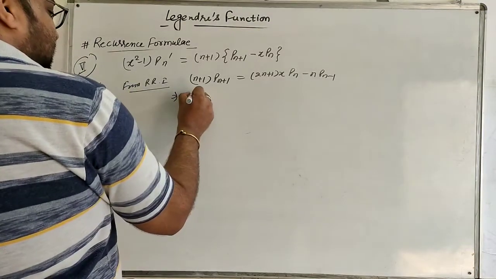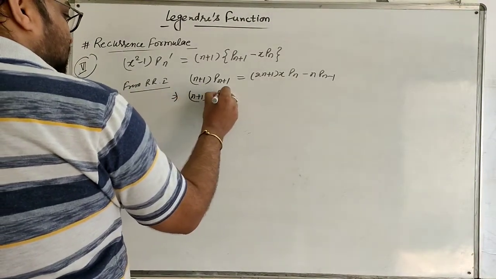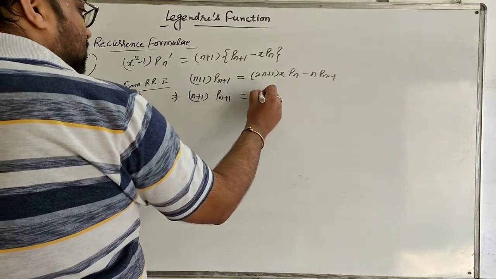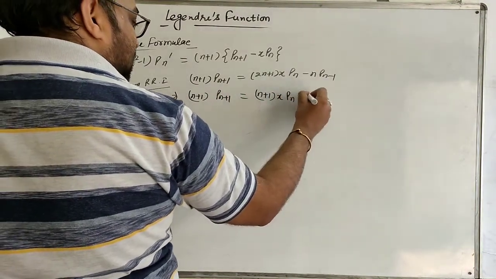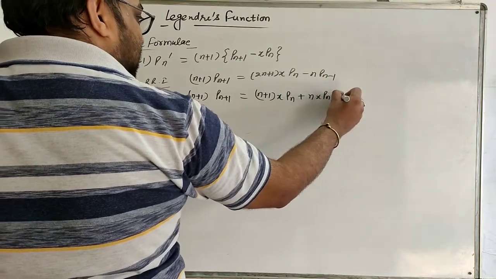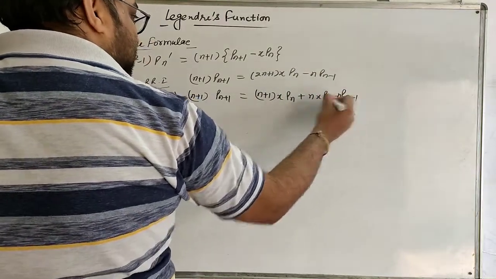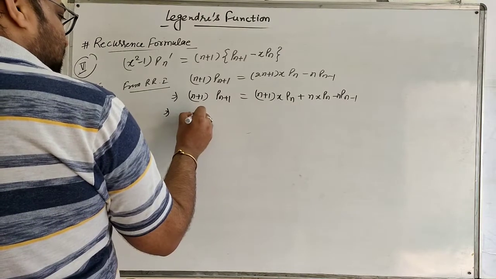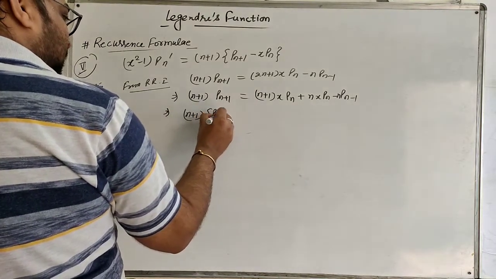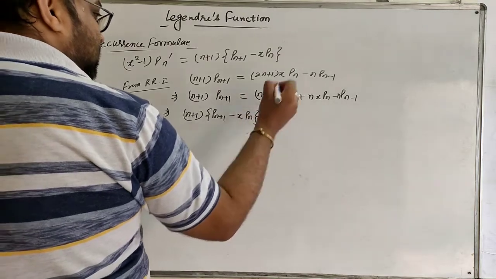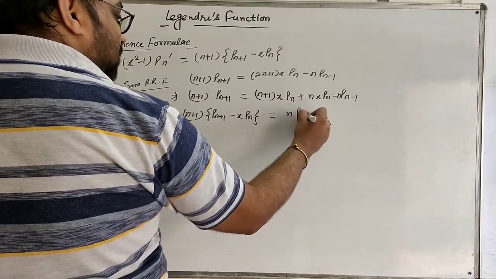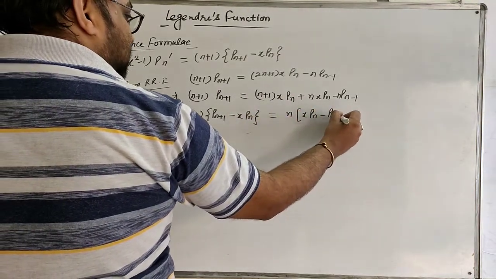Or we can rewrite it as (n plus 1) Pn+1 is equal to (n plus 1) x Pn plus n x Pn minus n Pn-1, or (n plus 1)(Pn+1 minus x Pn), which is equal to, taking n as common, n(x Pn minus Pn-1).